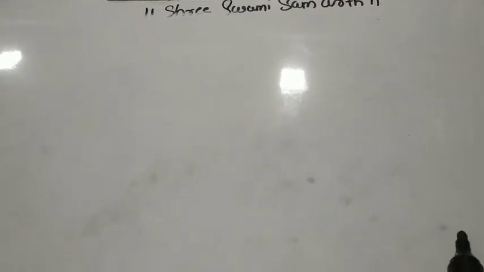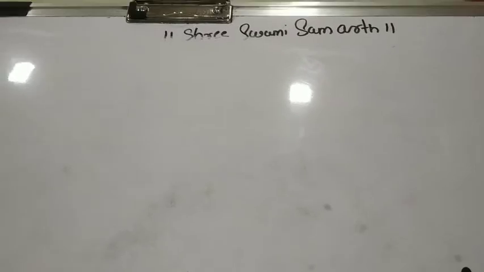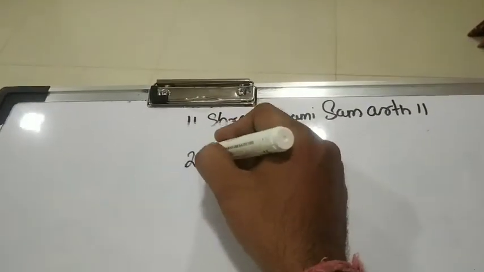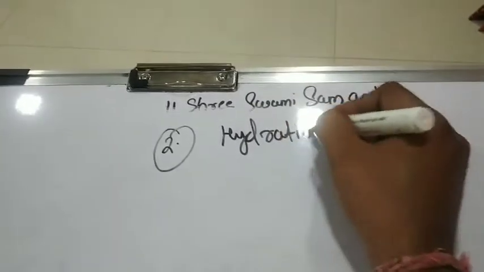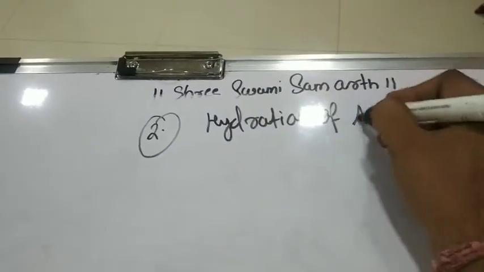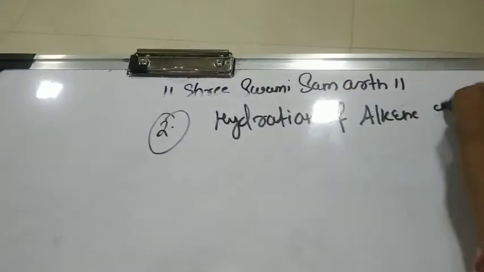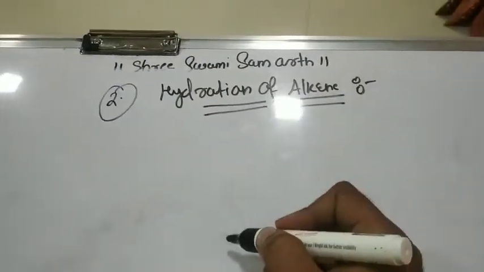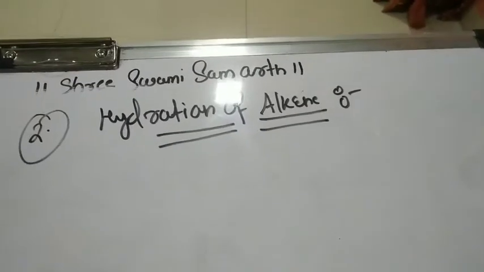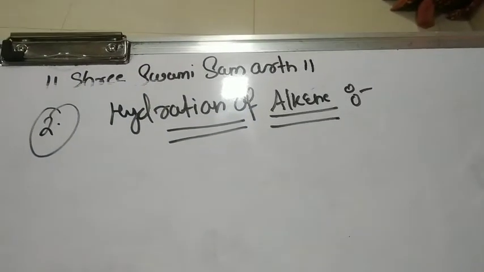We will see the next reaction, hydration reaction of alkene, right? Second method, hydration of alkene. So my dear students, this is a very, very important reaction. I told you that there are a number of sub methods in this particular reaction.